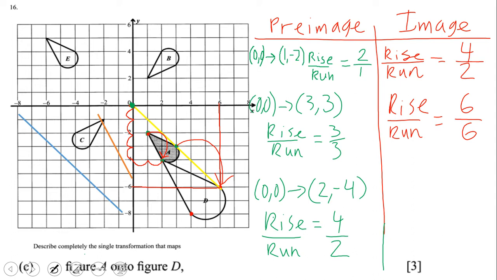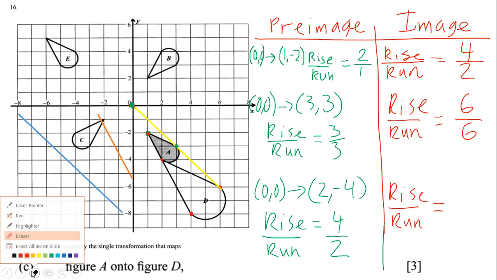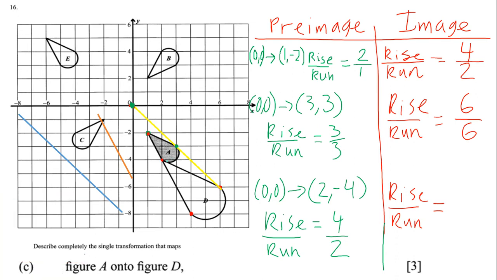All right. Next, we have the third and last one, which is rise over run. For this one, we have this point. We're trying to connect it to this point.